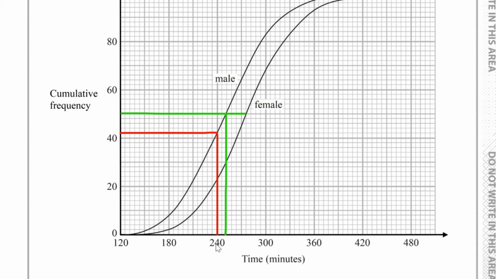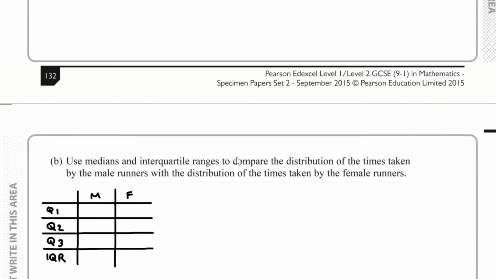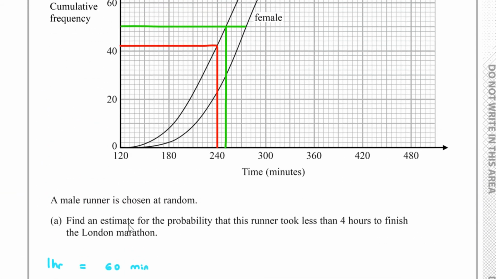So here we've got 252 for the median of males. So here we have 252. And if we take a look at what we get for females, so let's just draw a vertical line down from here.